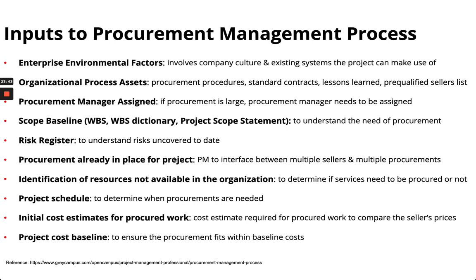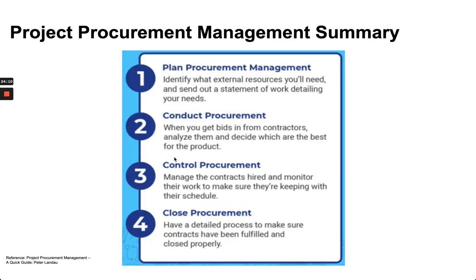So when you look at inputs to the procurement management process, here they are. And I'll show this in a different framework shortly. All right, there's about 10 different inputs that feed this, which is very, very important in one fashion or another. The schedule, the baseline, all right, the WBS, etc., etc. So when you look at a summary of the procurement management, it's broken into, in essence, 4 categories.